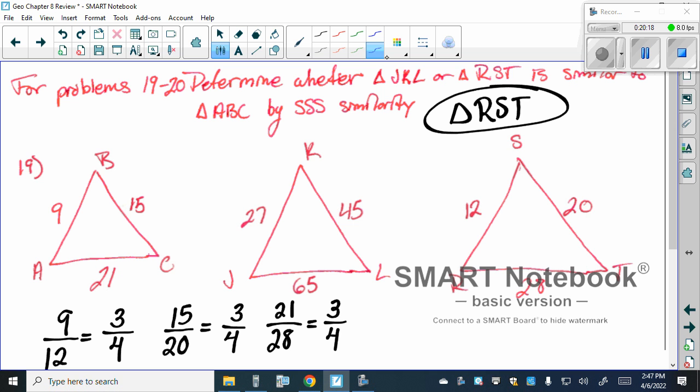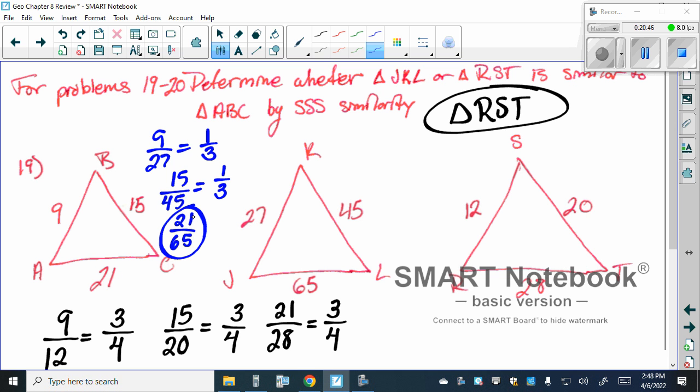If we did check the other one, we would have 9 over 27, which would reduce to 1/3. We'd have 15 over 45, which would reduce to 1/3. So it looks like this could also work. So let's check the last one. 21 over 65 reduces to... So are all three the same?